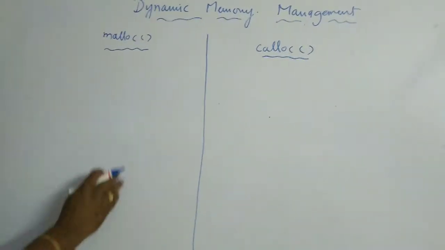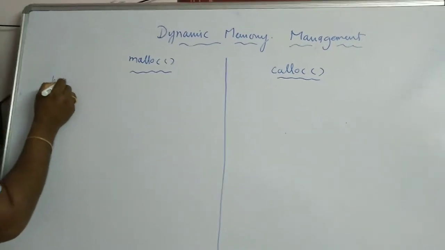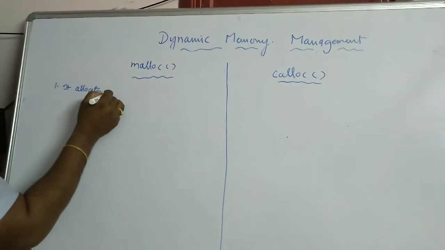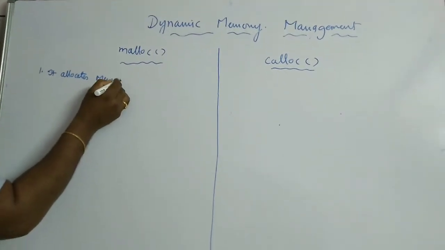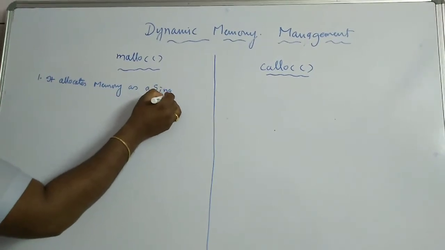Okay, so the first key difference between malloc and calloc: malloc allocates memory as a single block.